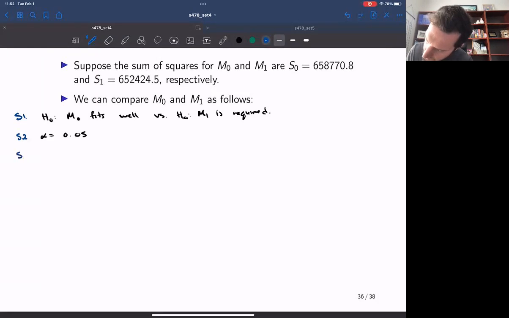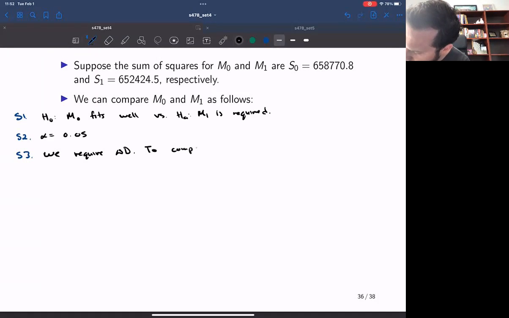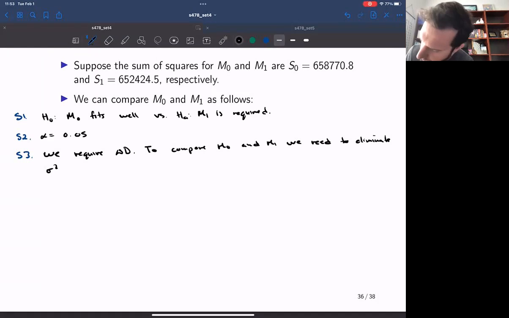And then we require delta D. To compare M0 and M1, we need to eliminate sigma squared from D0 and D1.